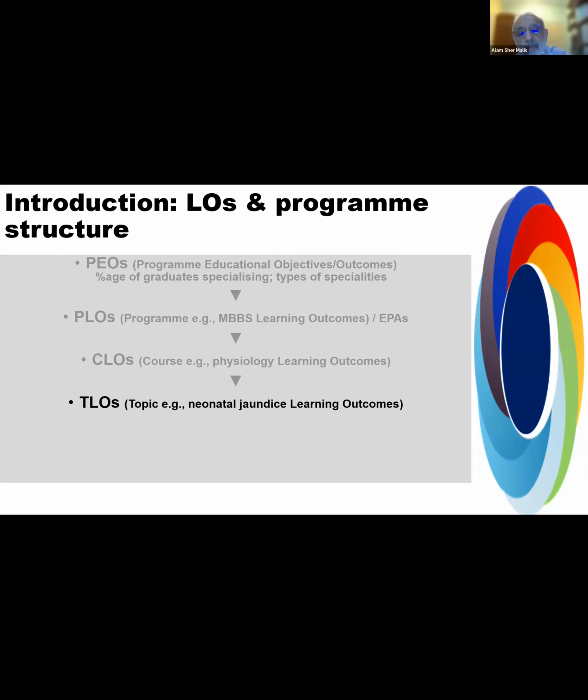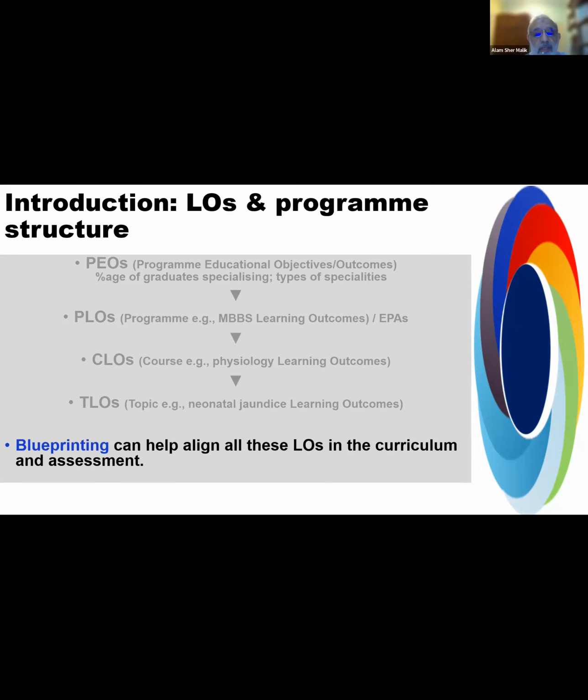So these are the learning outcomes, from PEO to PLO to CLO and to TLO, and we need to align them because the PEO and especially the PLOs would guide what would be the course learning outcomes and what would be the topic learning outcomes.